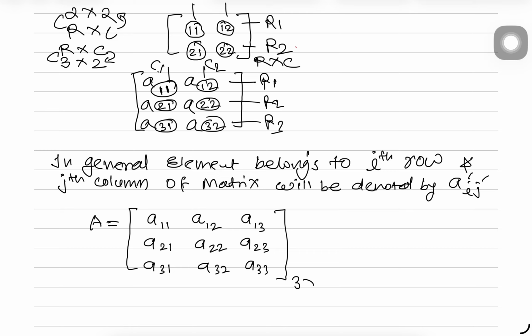Itself, it is a 3 cross 3 matrix. In 11 and 12, for the Maharashtra board, you have to study only up to the 3 cross 3 matrix. Higher matrix versions will be in your higher studies, in engineering or in the BSc syllabus.